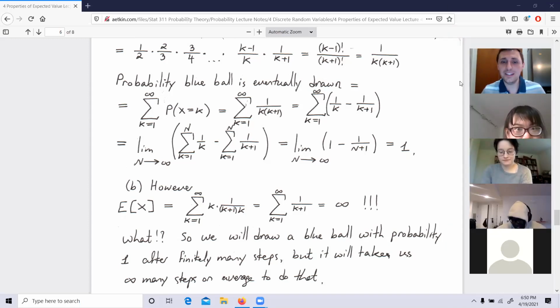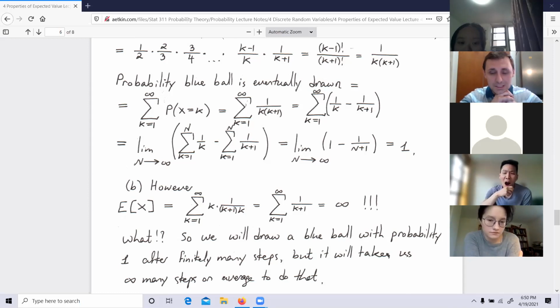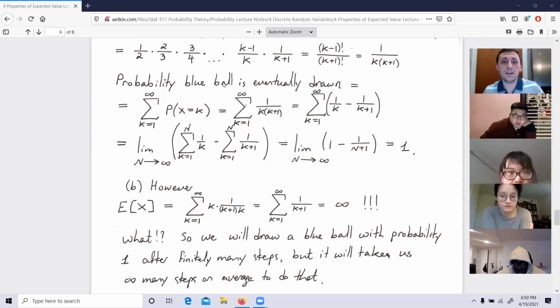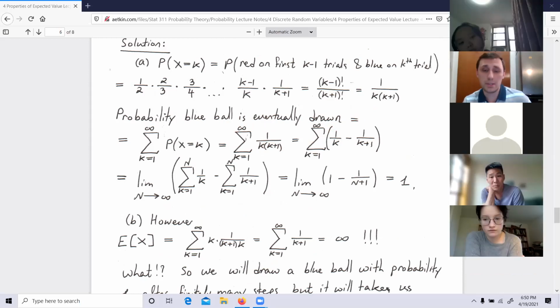Jack, go ahead. Can you explain how 1 over k times k plus 1 equals 1 over k minus 1 over k plus 1? That's called partial fractions. We can explain after class is over, which is pretty much now. First of all, I knew the answer would be 1 because probabilities add up to 1. I could have just reasoned probabilistically that the answer has to be 1.